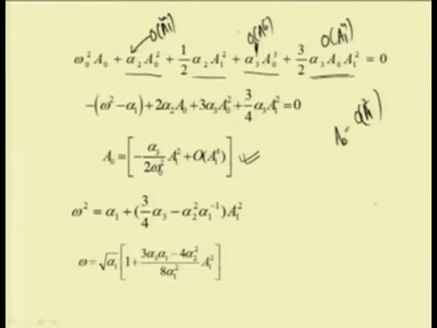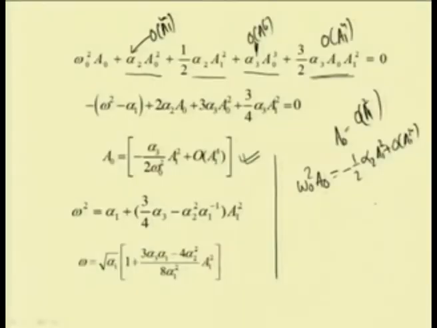So we can write omega 0 square a 0 equal to minus half alpha 2 a 1 square plus order of a 1 fourth. We have neglected the terms of a 1 fourth and a 1 sixth.